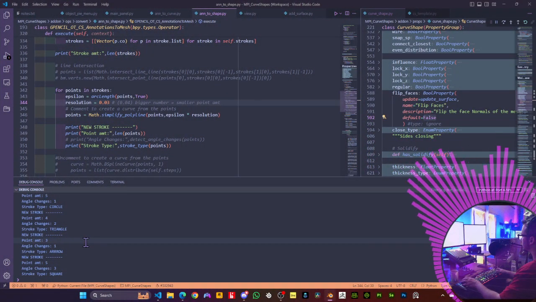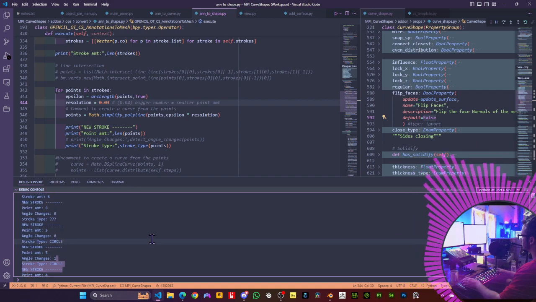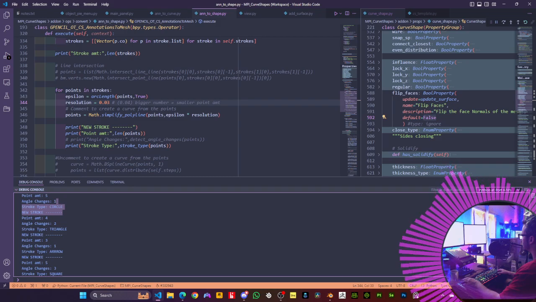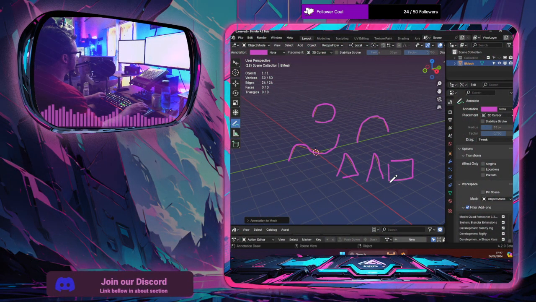Square, arrow, triangle. The other ones are giving me circles. Okay, let's ignore the circles and the 3 dots for now. The 3 question marks. I just want to make sure I always get a square, a triangle.